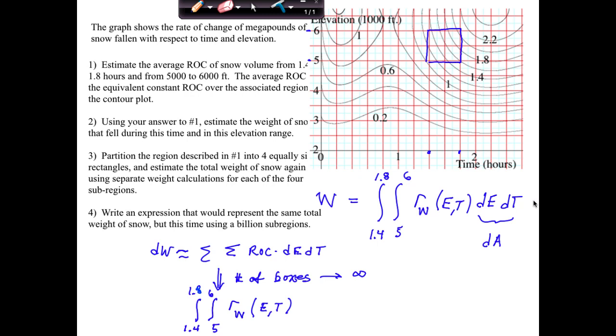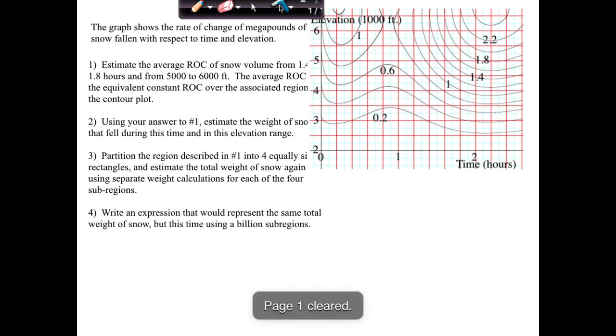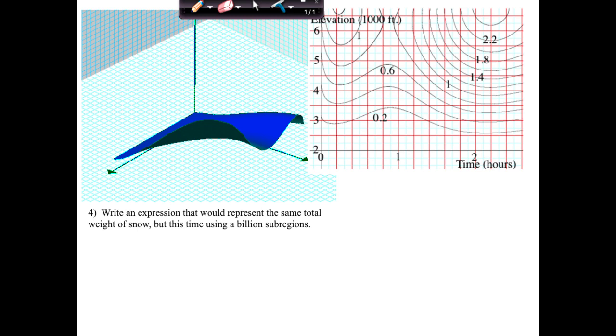Okay, so let's look at what this would mean, instead of a contour plot like this, if our rate function was a surface. Let's go back to the box of 4, the 4 boxes.